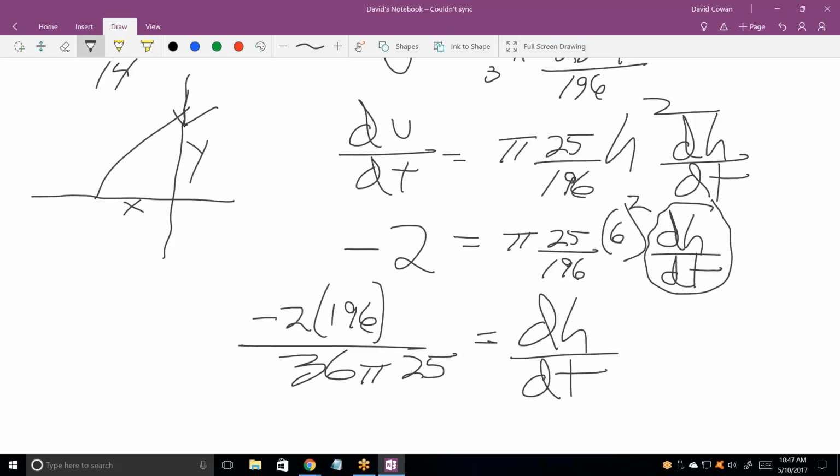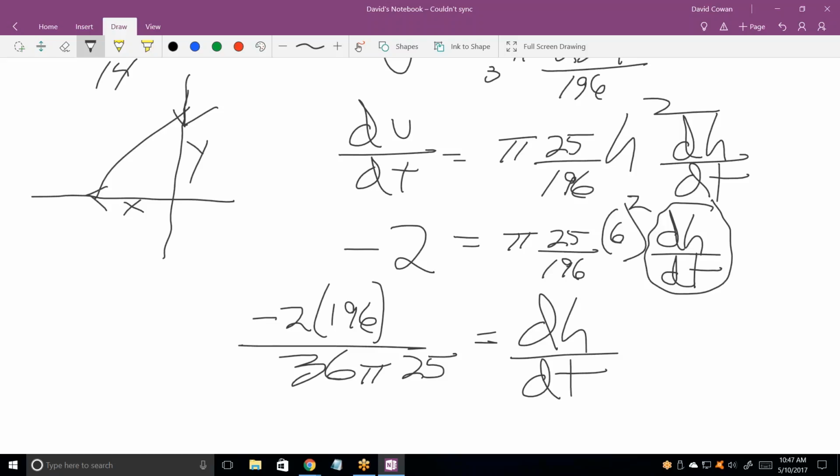Despite the fact that x is moving to the left, for a long time I thought that left meant negative, up meant positive, to the right meant positive, down meant negative. But it doesn't in related rate problems. You have to figure out whether that variable is increasing or decreasing, and that is what determines its sign.